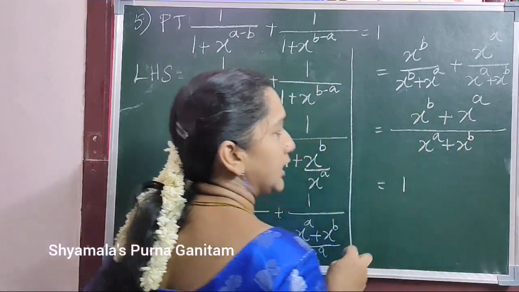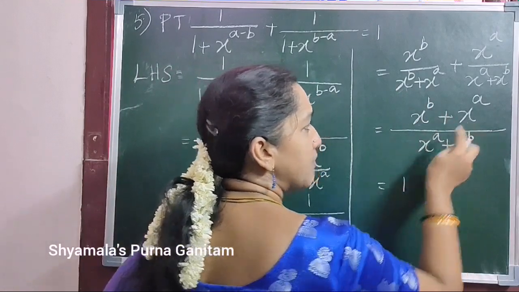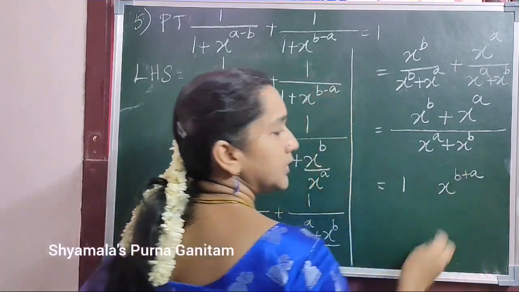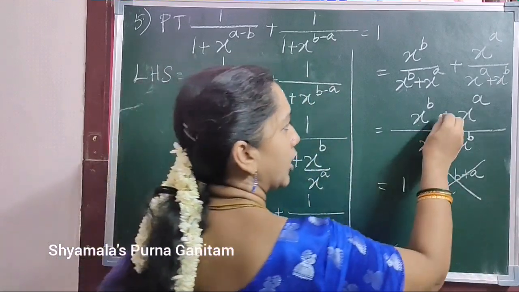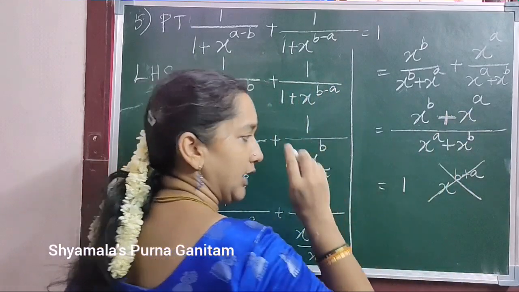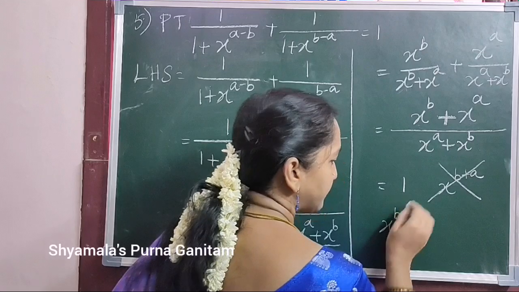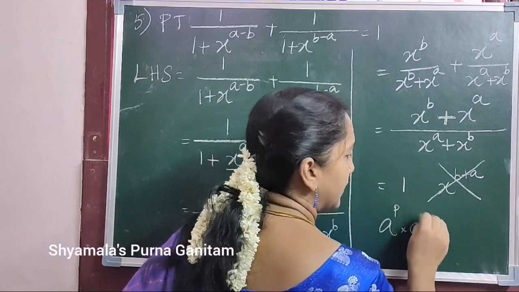Here in this one more thing I wanted to say, x power b, here you have the same base. Can you write it as x power b plus a? You cannot write this as x power b plus a. Why? Because in between you are having addition symbol. Our laws of exponent is a power p into a power q.